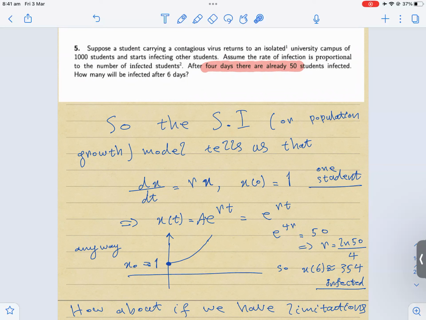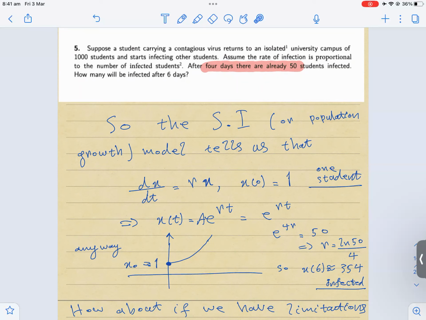This tells me that x prime, the rate of change of the population, has a direct relation with the population itself. It means x prime has a relation with x. Without referring to the susceptible infectious model, I can write this.